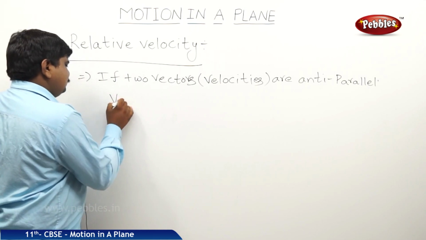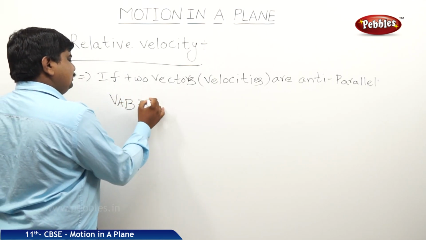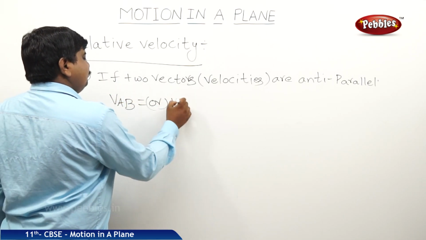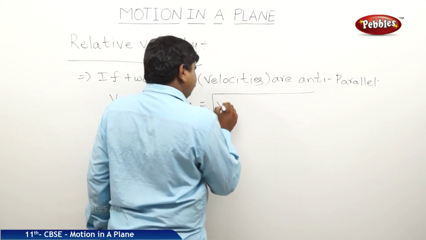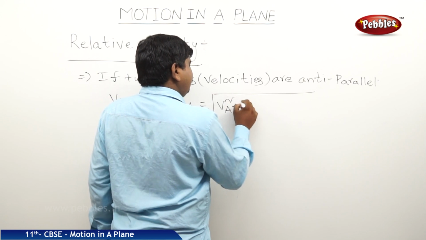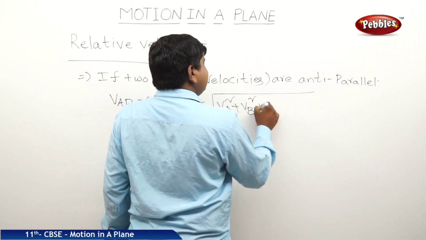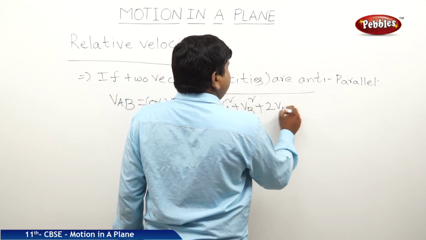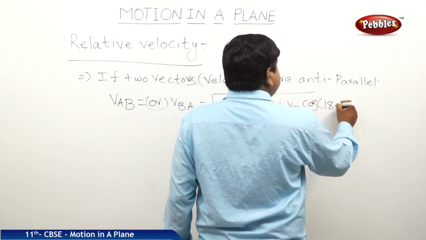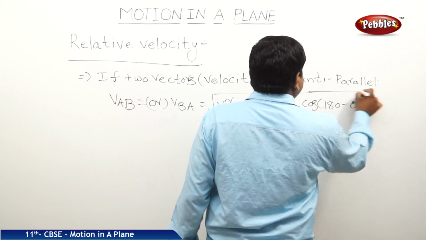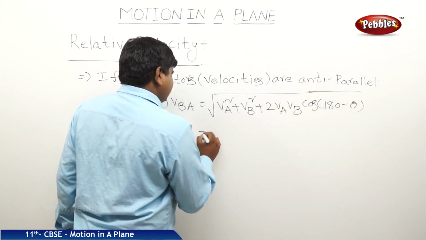Then VAB or VBA is equal to square root of VA square plus VB square plus 2VA VB into cos 180 minus theta. This part will become minus cos theta.